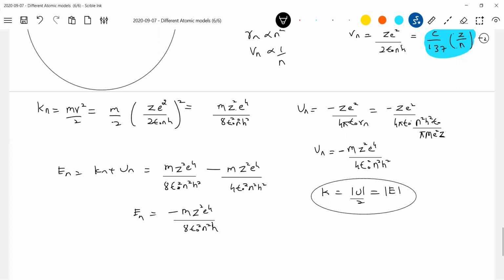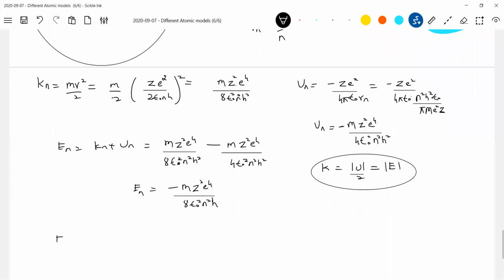So finally, when you substitute all the quantities, we can also write En is equal to minus Rhc Z square by n square, where R is called the Rydberg constant. The value of that is 1.097 into 10 to the power of 7 per meter.